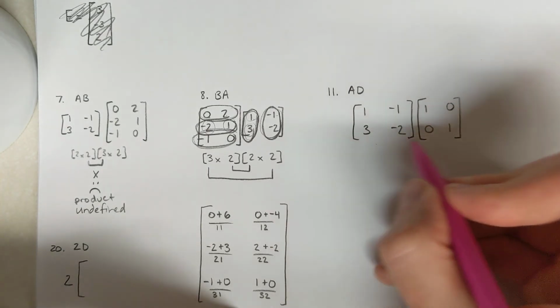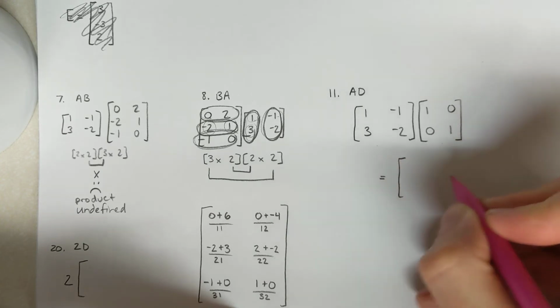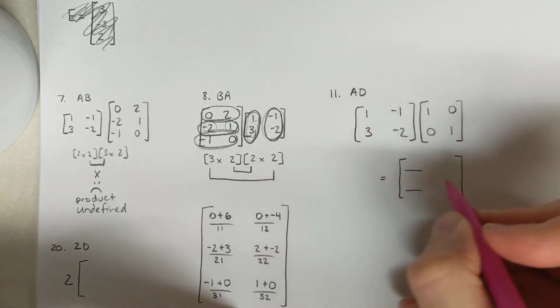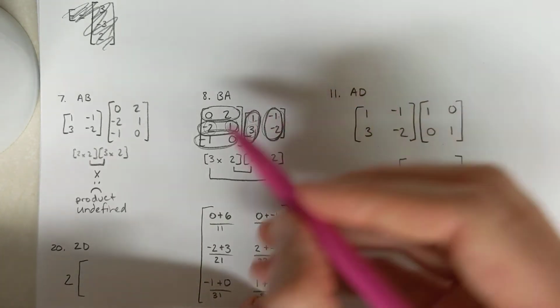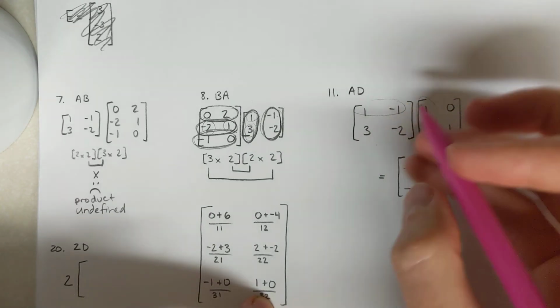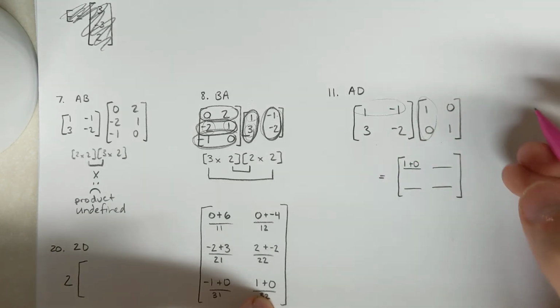Okay, 2 by 2, 2 by 2. The inners match up. The outers are 2 by 2, so that's how big the answer is going to be. So 2 rows, 2 columns. So same method we did over here. First row by first column. Notice you'll get 1 plus 0.